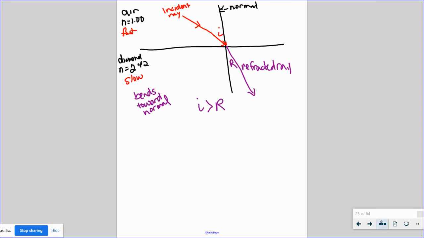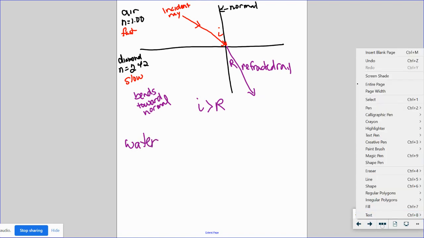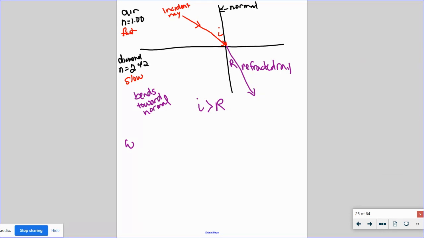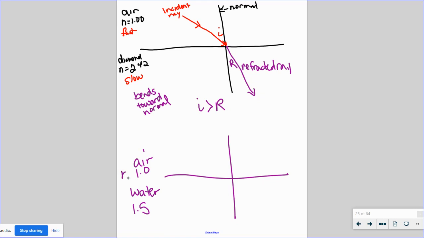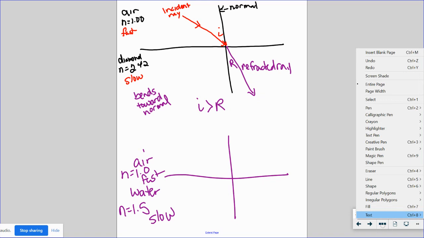If I do another one here, say I was going from water, again I have my normal. Here we have water and air. Water I think is about 1.5 and air is 1.0. So here it's going from slow to fast. Everybody okay with that?